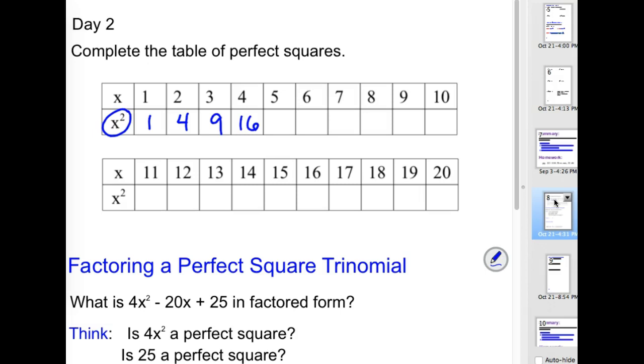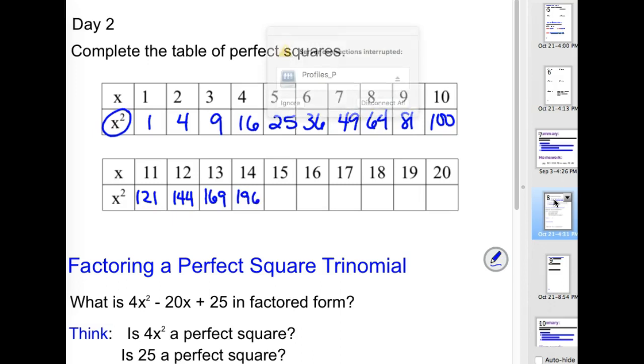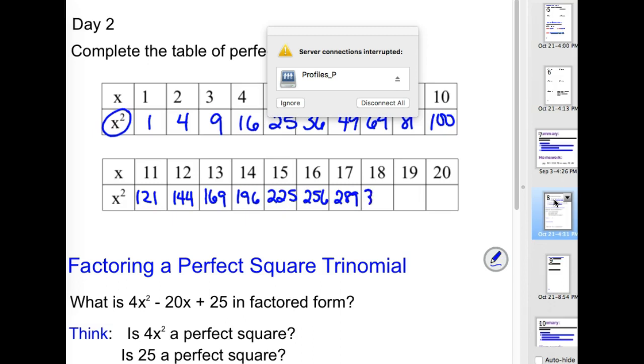All right, let's check our work. 5 squared is 25, 6 would give us 36, 49, 64, 81, and 100. Those you should be pretty familiar with. 11 squared is 121, 12 squared is 144, 13 is 169, 14 is 196, 15 is 225, 16 is 256, 17 squared is 289, 18 squared is 324, 19 squared is 361, and 20 squared is 400.